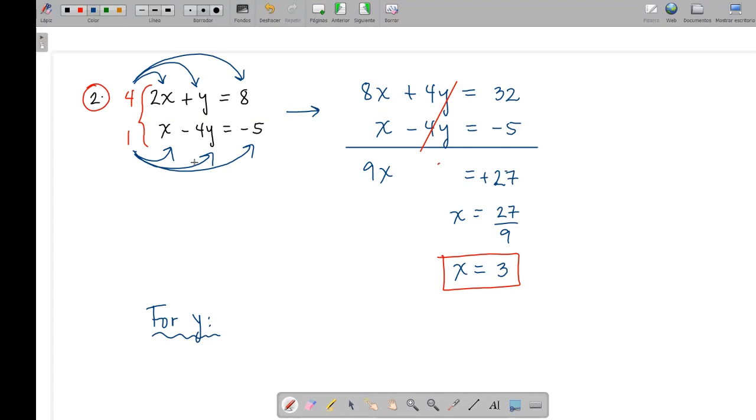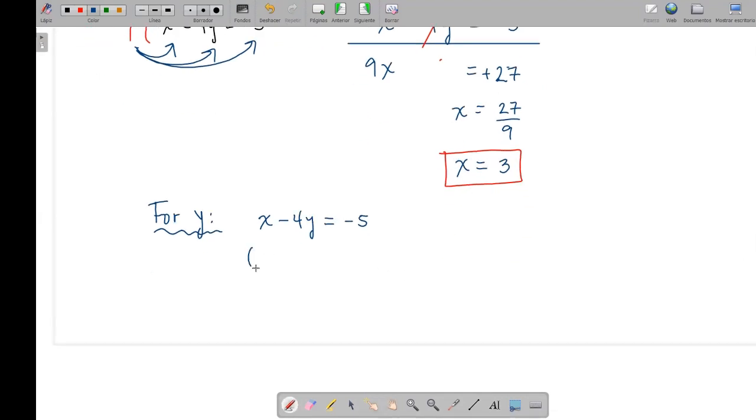In this case, I'm going to take the equation number 2. And here, I'm going to replace that x by the 3. So 3 minus 4y equal minus 5.